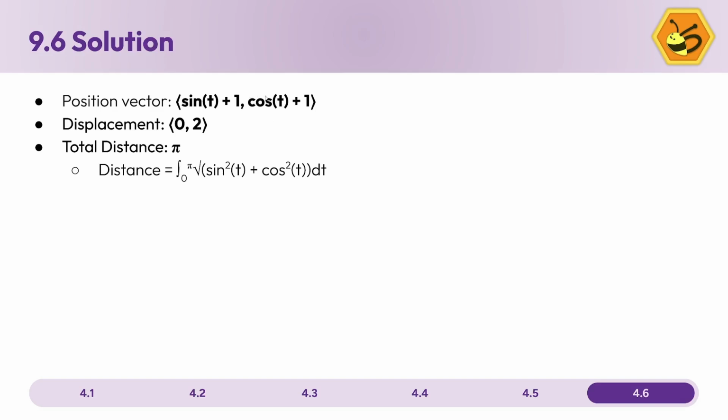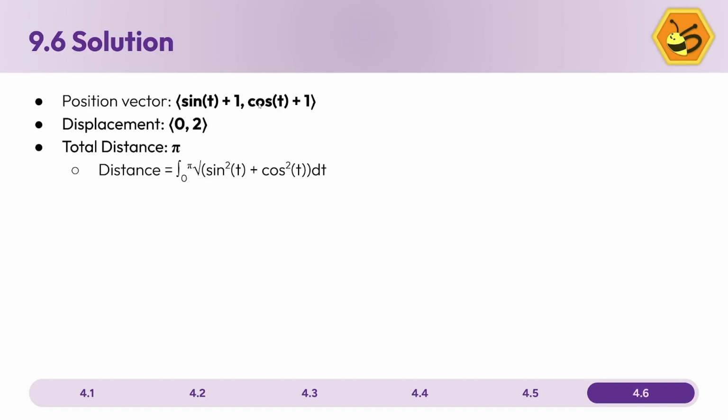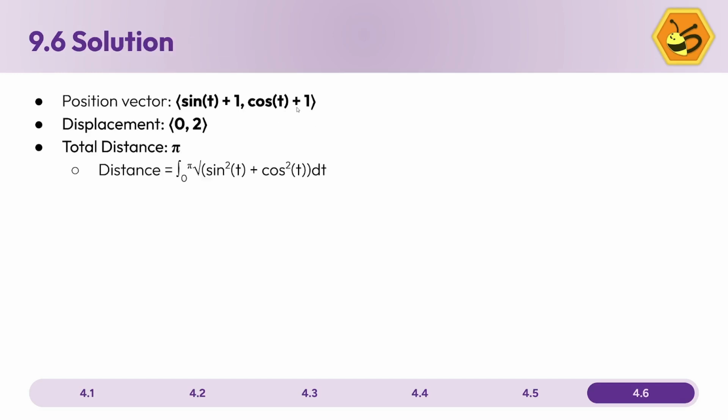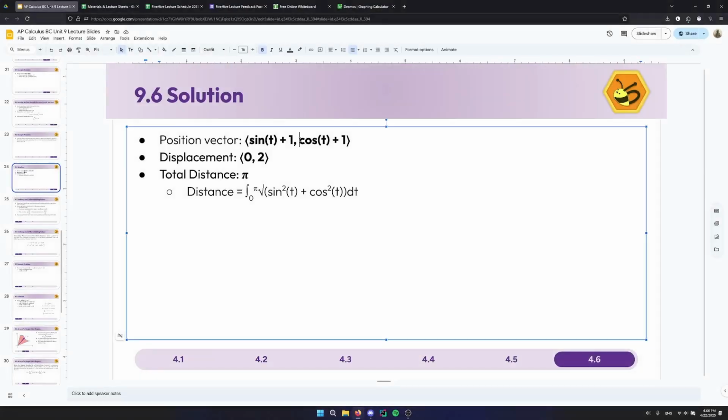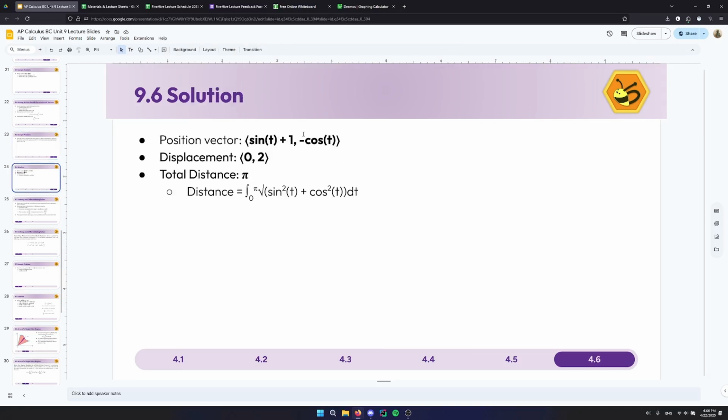So our position vector, if we take our integral of the velocities, we should get this, I believe. Or no, I think for this one it should be negative cosine t. Okay, so this is my mistake. I think what Pikachu said is right, because our initial displacement should be 0. And then displacement from 0 to pi: if we find the x at t equals pi, that is 0.